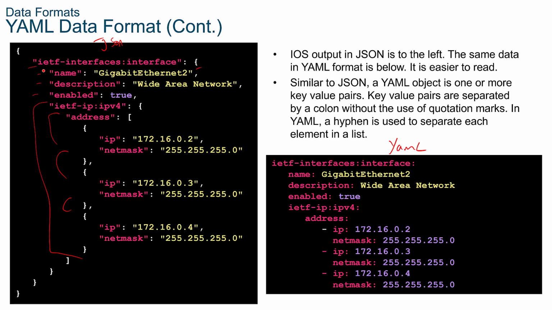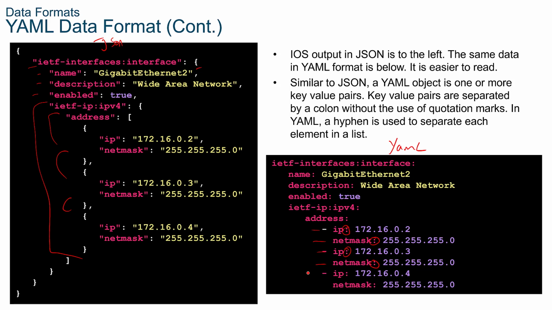As opposed to YAML, because it basically allows for objects to be one or more key value pairs, the key value pairs will be separated by a colon, which we're already familiar with. So here are our colons. So this is one, this is another, this is one, this is another. So these separate into our key value pairs.